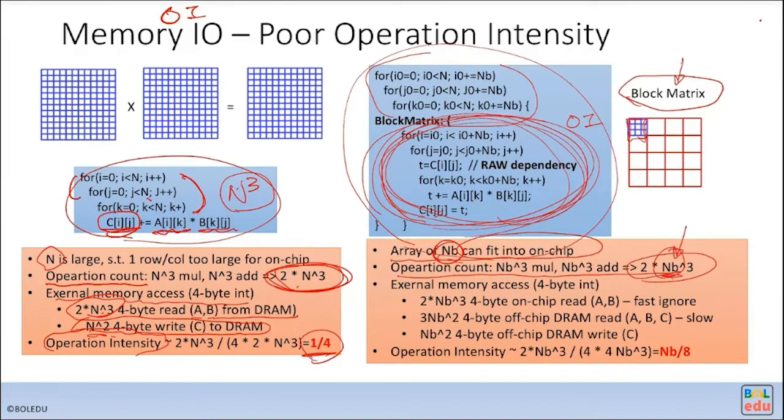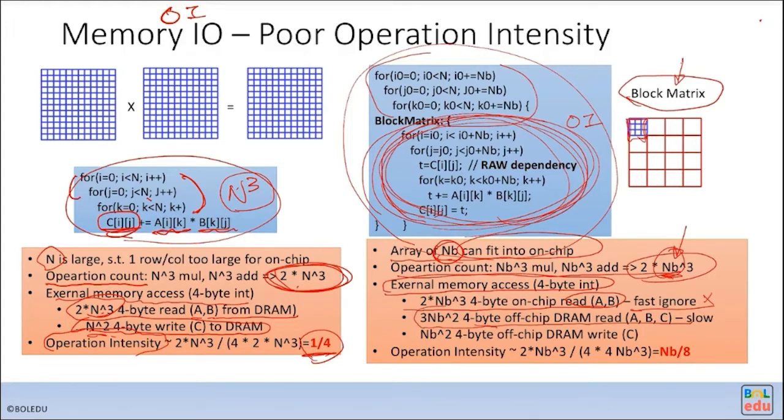For the on-chip memory access of the A array and B array, since it is already saved on-chip, it's fast, so you can ignore it. You only care about the first time that you read from the off-chip.